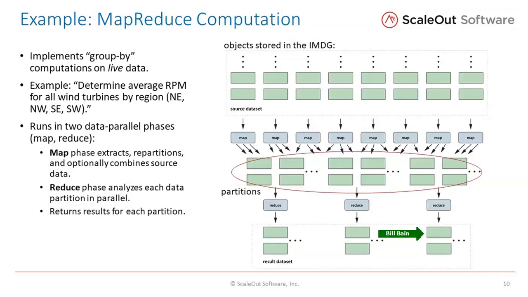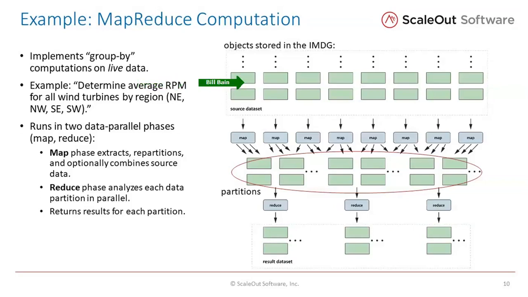Here's an example. Determine the average RPM for all wind turbines by region, say 4 regions. To execute this, you would take the state information for all the wind turbines that you are tracking, extract the RPM, which is part of what the map operation would do, and then map that to one of the 4 regions based on knowing the region of that wind turbine, and then forward that information to one of, in this case, 4 partitions.